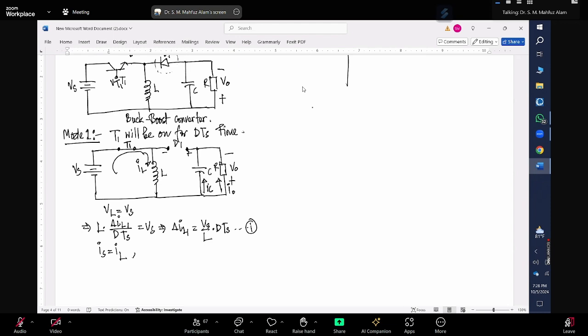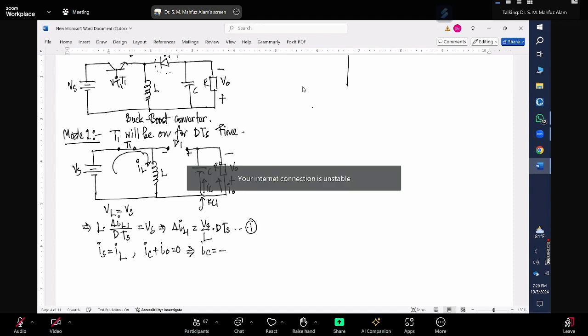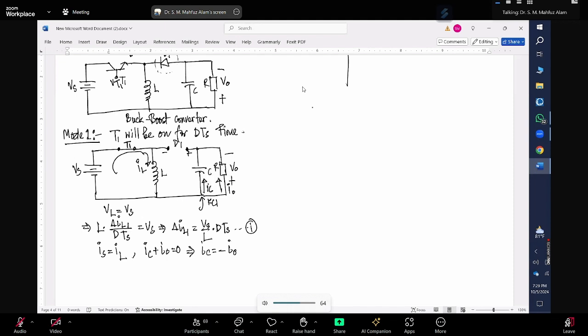So what should be the relationship if I put a KCL at this point? My IC plus I naught equals 0. That gives me IC equals minus I naught. Is there any question regarding these equations?